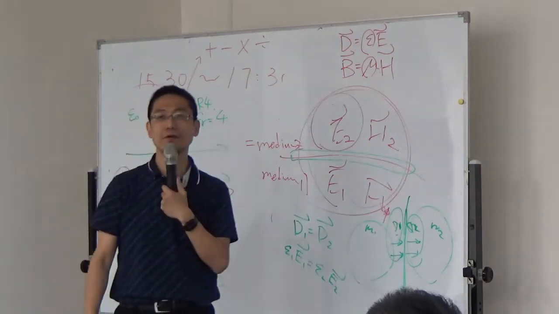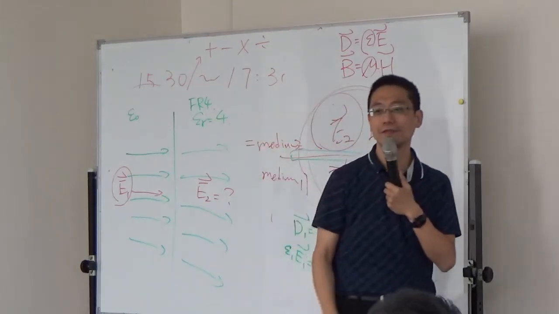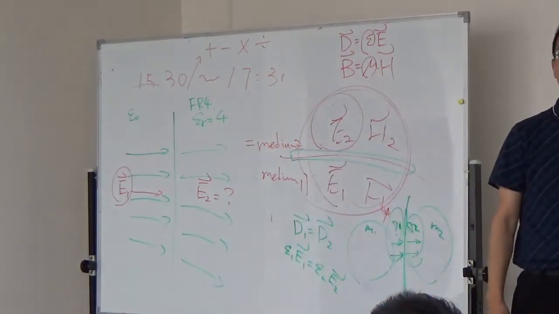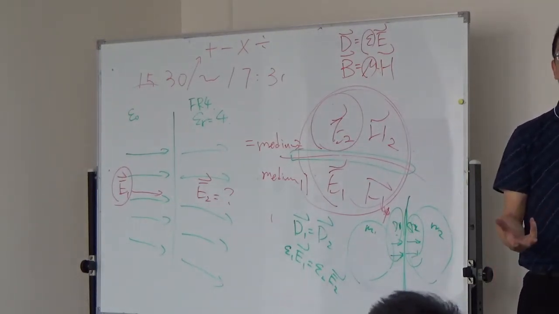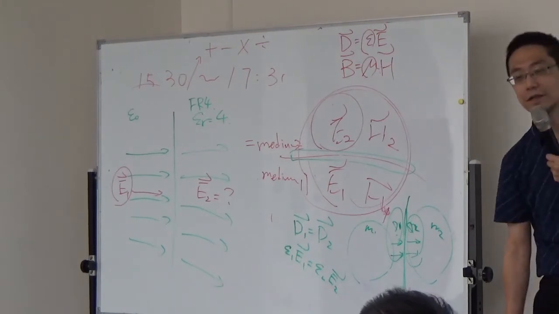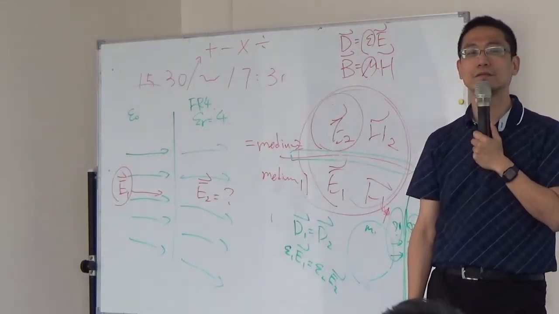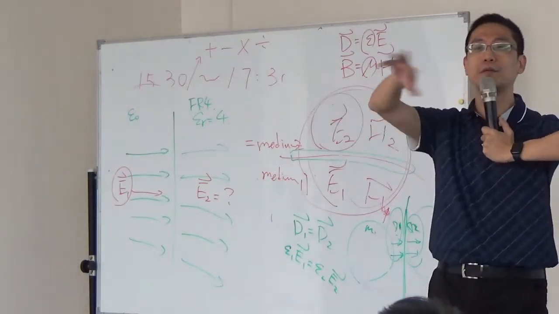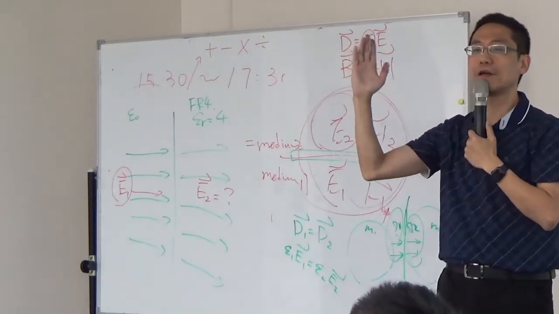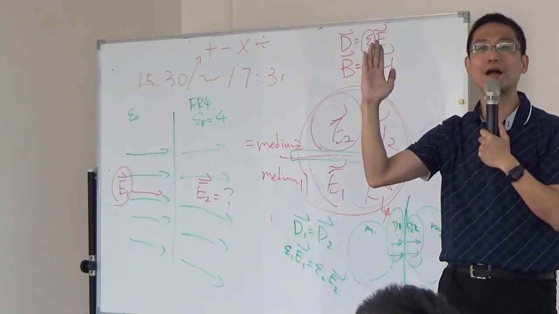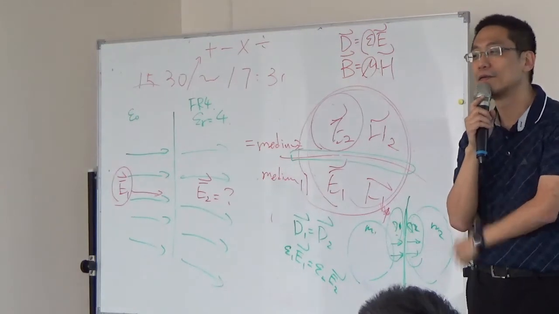Anyone? Raise your hand. 5 points. What's the answer? I have the field in this area. I have another FR4 material. What is the E field inside this FR4? Raise your hand.